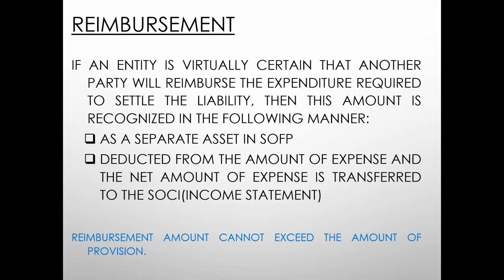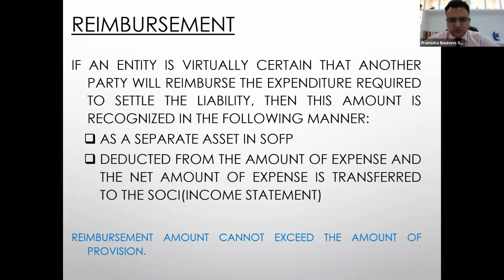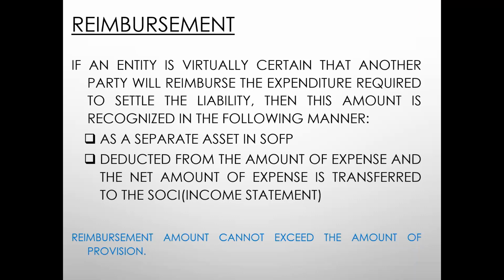But the liability, can we show it as a net? Yes, you can show it as a net, only if it is virtually certain. Virtually certain, the likelihood of it happening is more than 90%. I think that is the most critical word: virtually certain.